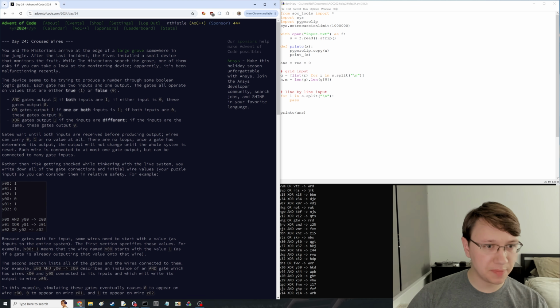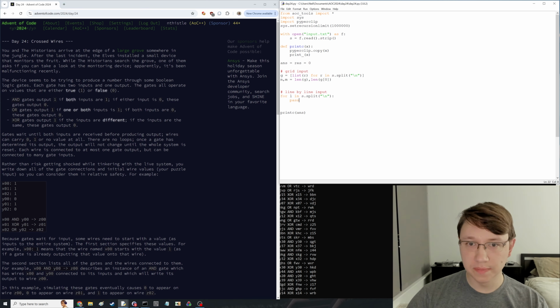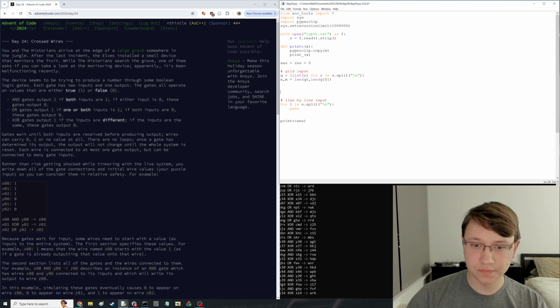Wait until both inputs are received for producing output. No loops. Cool. Yeah, so I think then we're just going to do... we have some initial inputs, I assume.